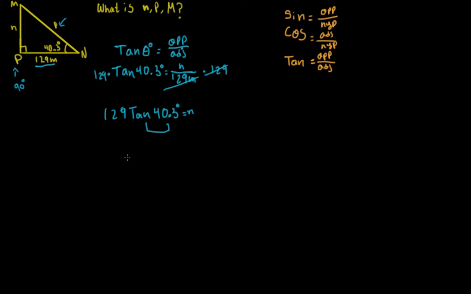I'm going to use a Texas Instruments. You're gonna use your tangent, and you're gonna put your calculator in degree, right? You're gonna go to mode and make sure that it's in degree. In another video I showed you how to do that, so just look at my channel.